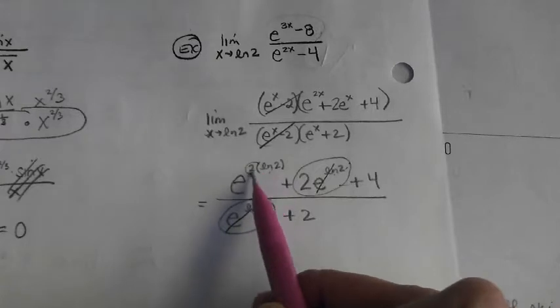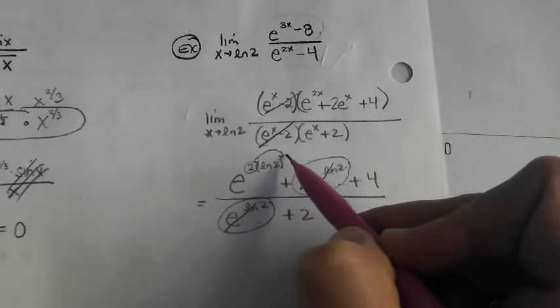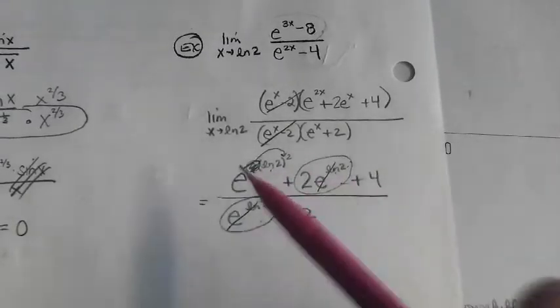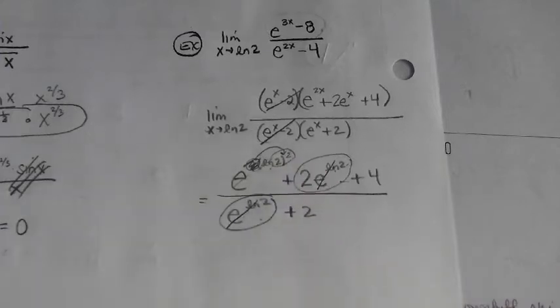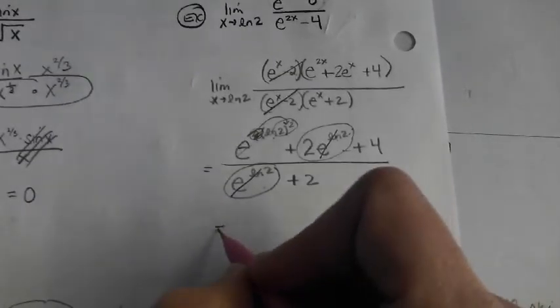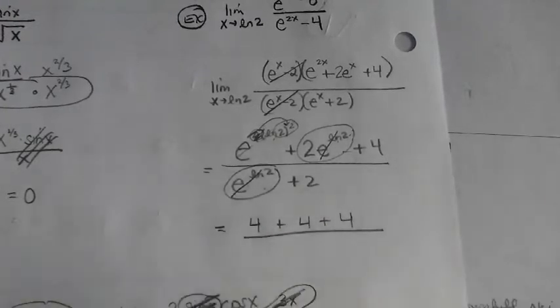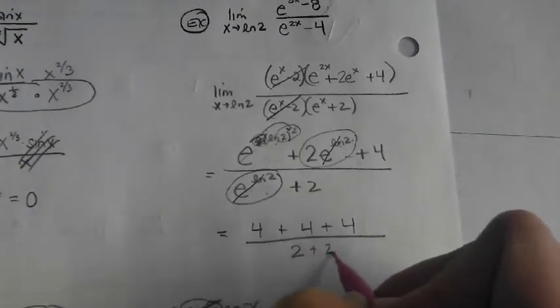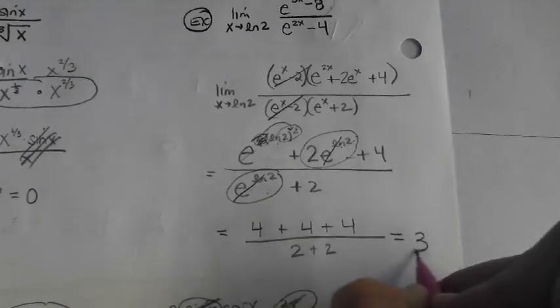What do we do with a coefficient of a log to get it out of there? Bring it up as an exponent, correct. So once you're there, now your e and your ln can cancel, and that will just be 2 squared, which is 4. So this ends up being 4 plus 4 plus 4 up top, and 2 plus 2 on the bottom. So 12 over 4 is 3.